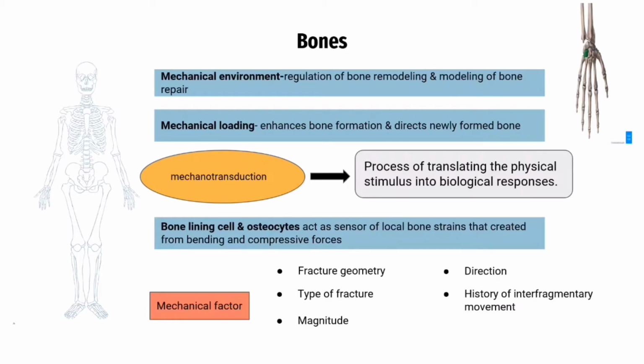The repair process is fundamentally affected by the mechanical loading and by the geometrical configuration of the fracture fragments, the type of fracture, as well as magnitudes, directions, and history of interfragmentary movements. All these global factors provide the mechanobiological signals for the repair process and the cellular reactions of bone.